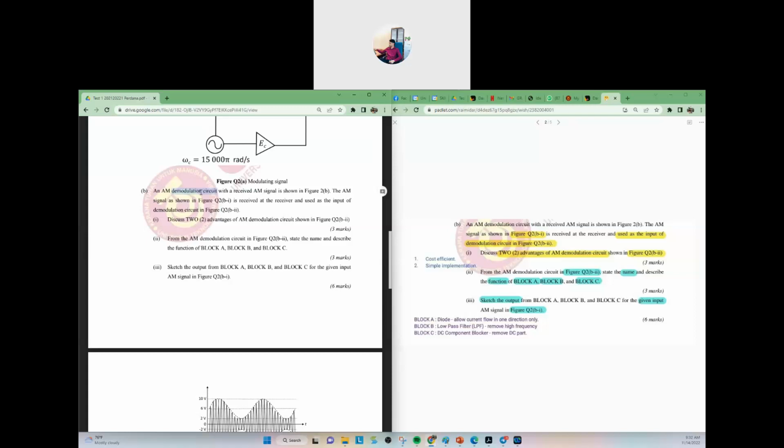I want to test you, because if in the final they use a different term and you don't know what that term is, then you cannot answer. So what are the other two names of the demodulation circuits?